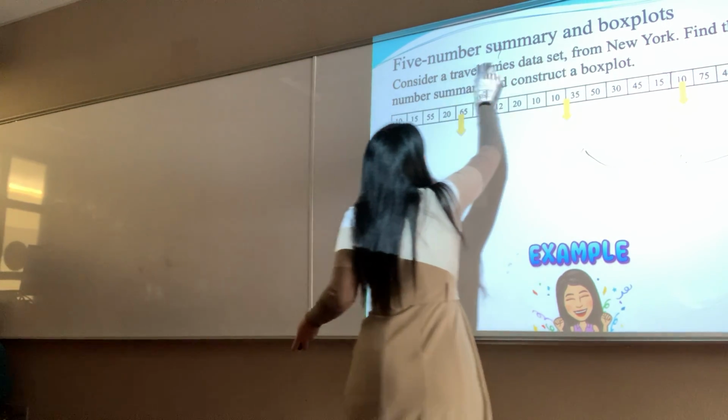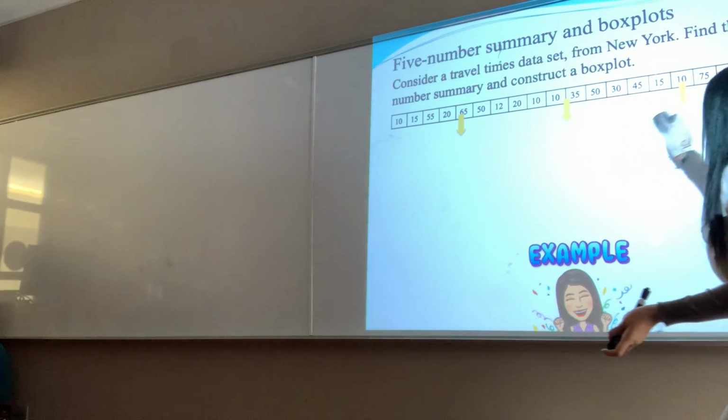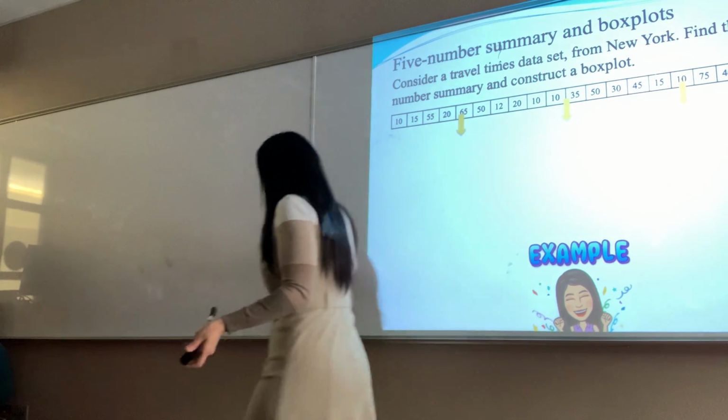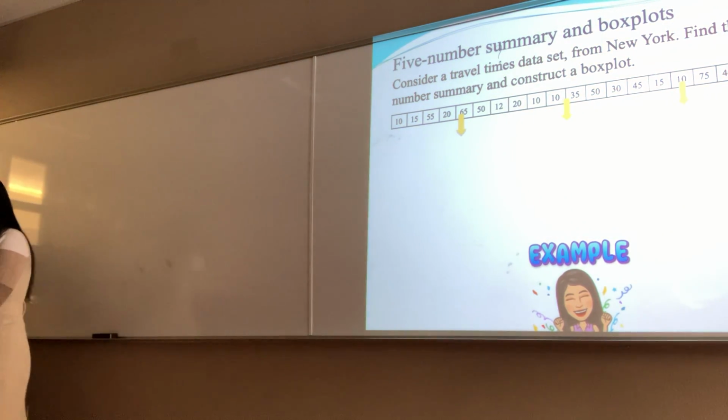I want you to find the minimum, maximum, midpoint, which is median, quartile 1, quartile 3, because we are talking about the 5-number summary, right? So I want a 5-number summary for this data set.